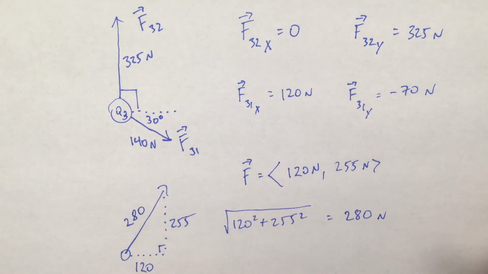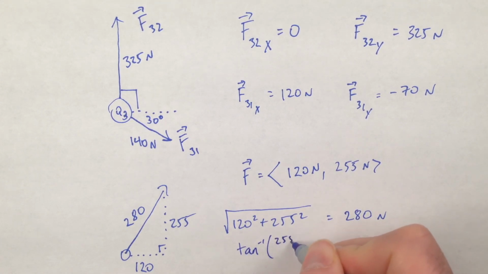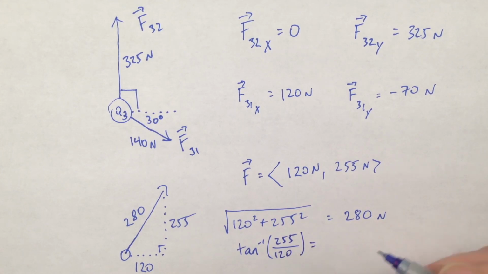For this one, we're going to have to do the inverse tangent, the arctangent of the opposite over the adjacent. So here we go. The inverse tangent of that is about 65 degrees.